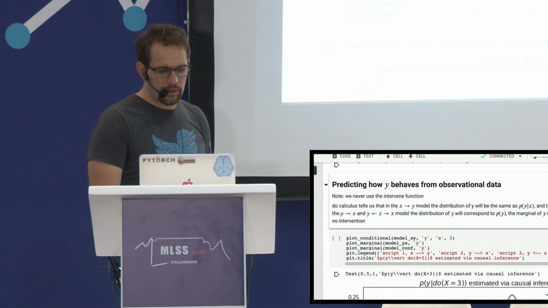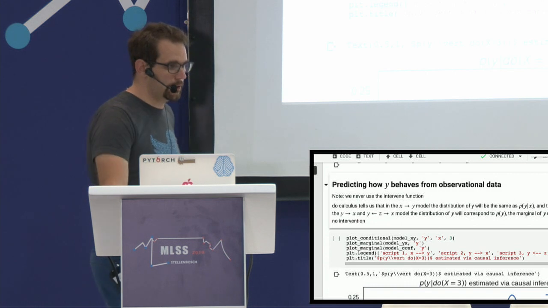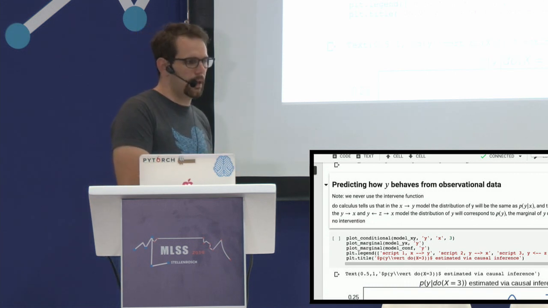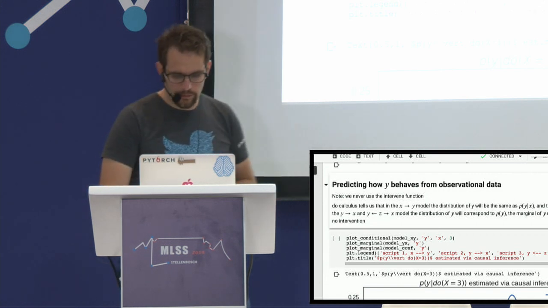But if the arrow is the opposite direction, so now y leads to x, or if the situation is consistent with the confounder z influencing both x and y, in these cases, p of y given do x corresponds to the marginal distribution of y. If you remember, if you cut the edges, then the y and the x become independent. And so you just get the marginal distribution of y.